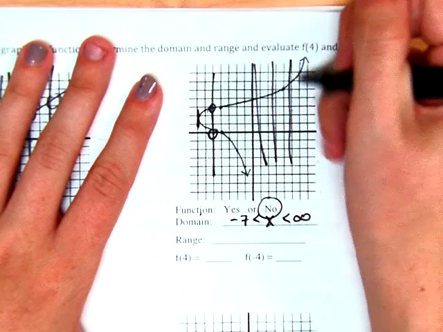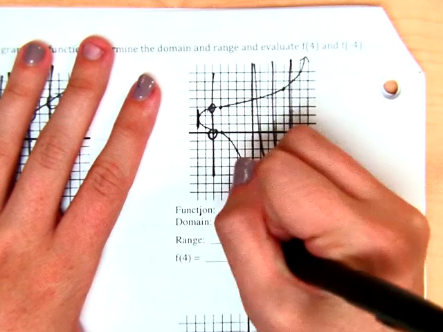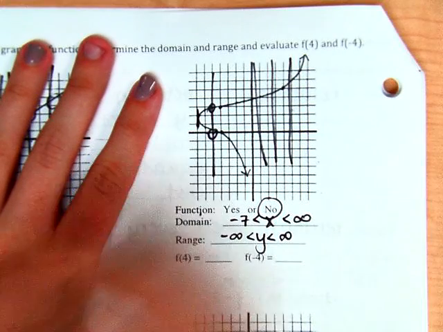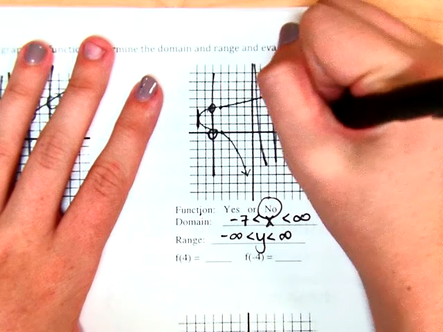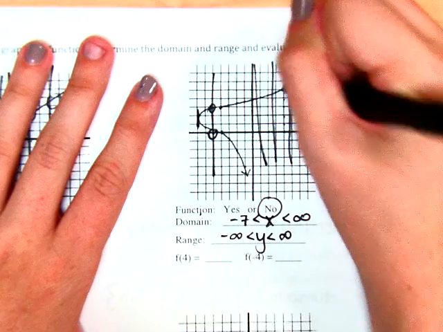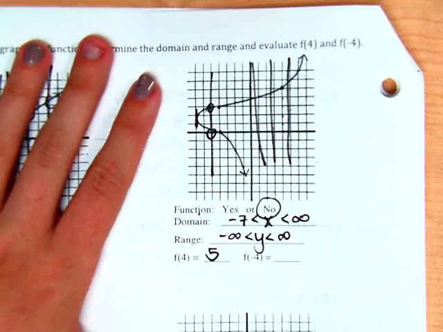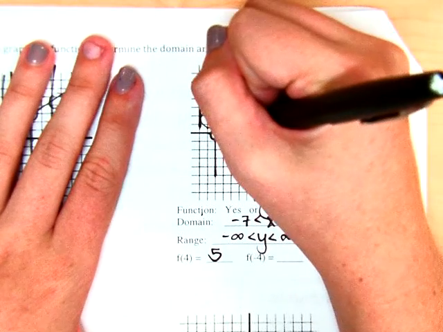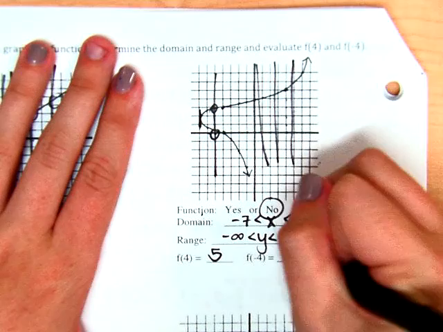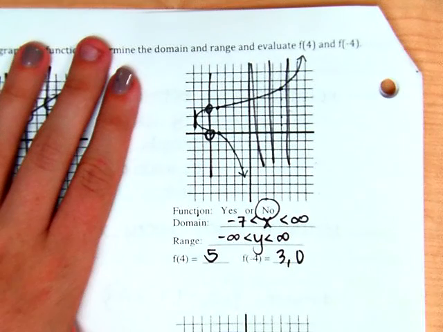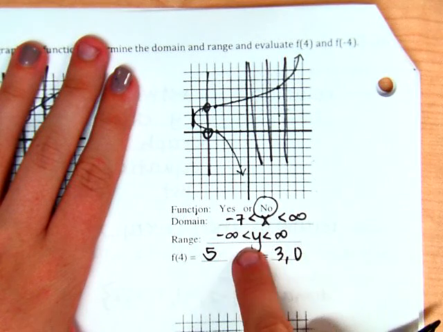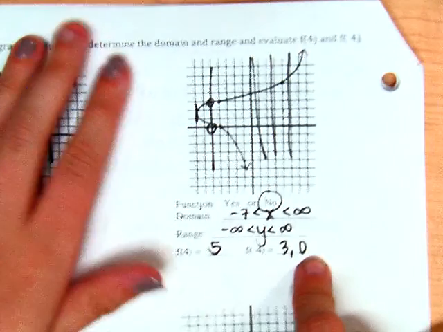And my range, I got arrows going up and down, so I got negative infinity to infinity. F of 4, I get 5. That one's a little bit better. And at negative 4, we got two answers we can give. We got 3 and 0. This right here is exactly why it's not a function. Every x should have one y.